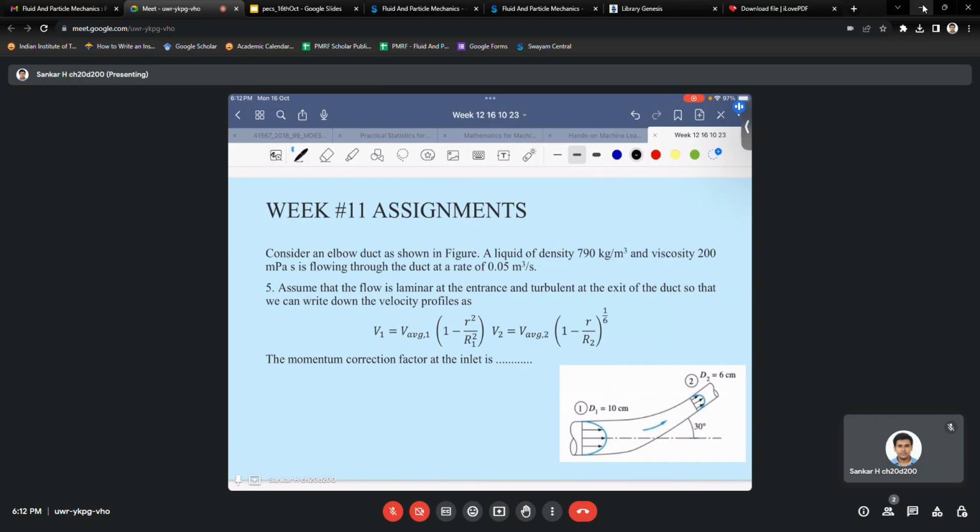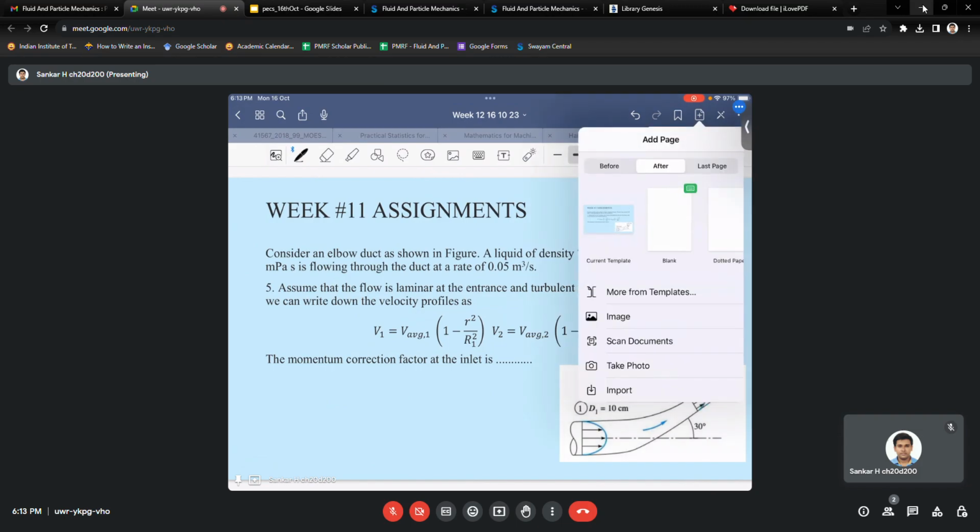Now, here we have to assume that the flow is laminar at the entrance and turbulent at the exit of the duct. We can write the velocity profiles for V1 and V2 like this. We have to find out what the momentum correction factor at the inlet is. And how do we find that out? As per the discussion we have had in class, let me take a new page here.